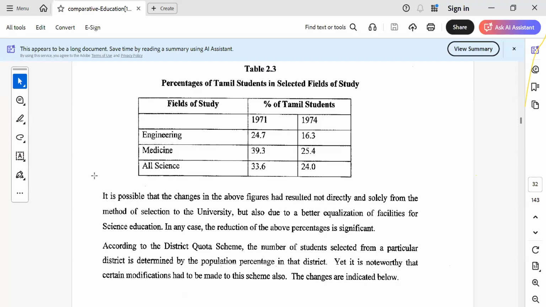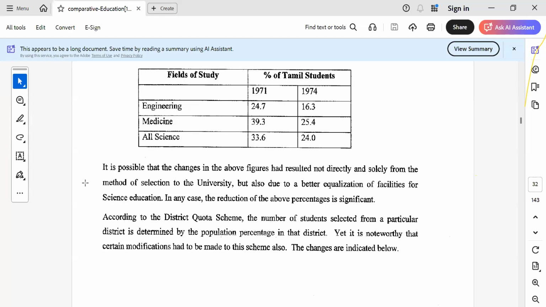It is possible that changes in the above figures resulted not directly and solely from the method of selection to the university, but also due to a better equalization of facilities for science education. In any case, the reduction of the above percentages is significant.